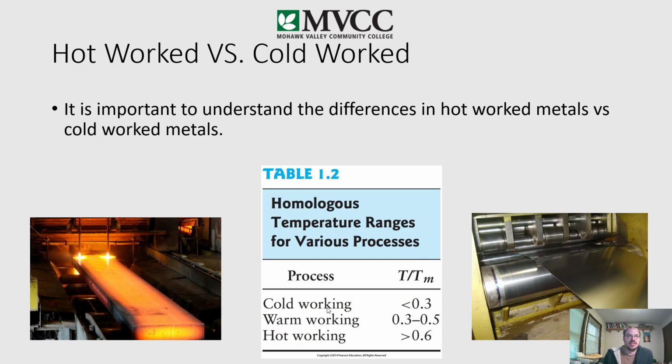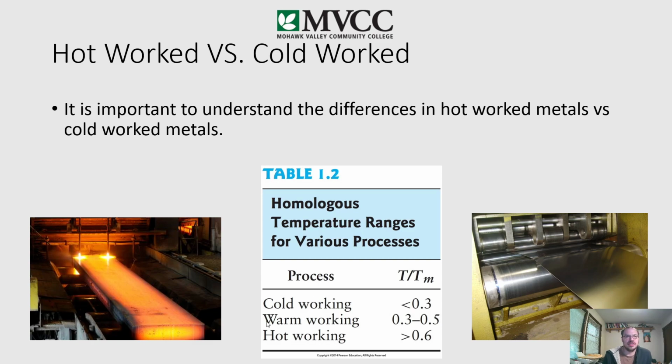So when you say something's cold worked, this is a good example over here on the right hand side. It's going to be this ratio of the temperature over the material's melting point temperature. So this is a ratio or percentage towards that melting point temperature.